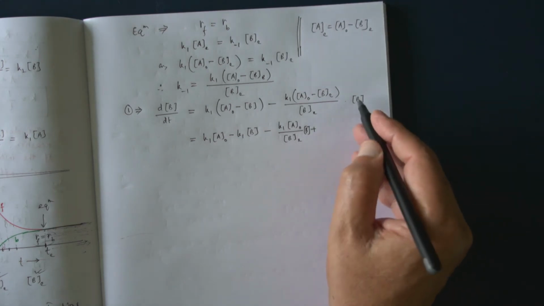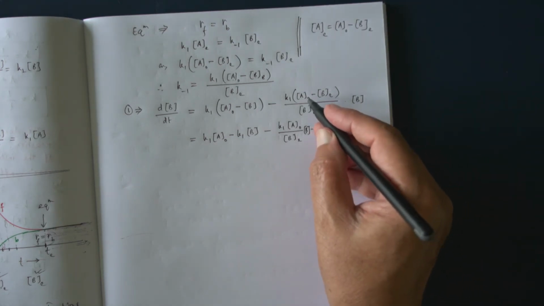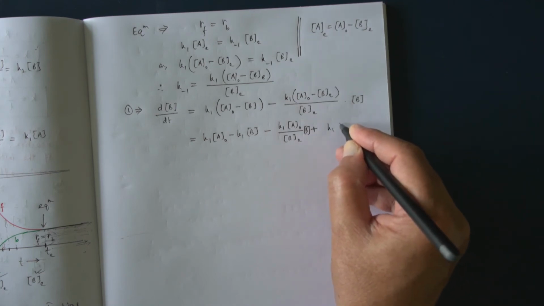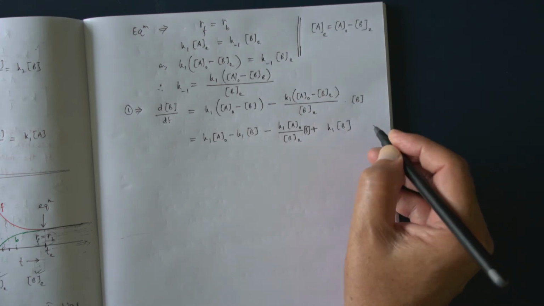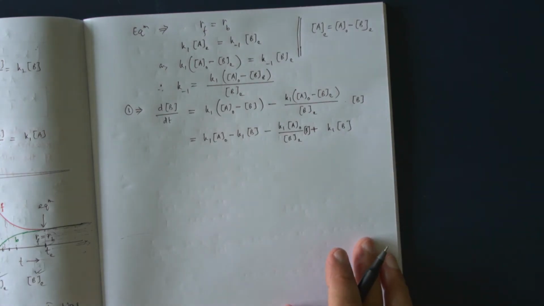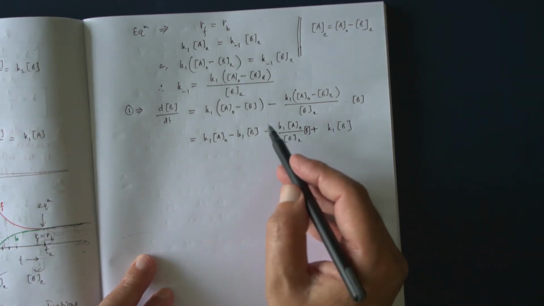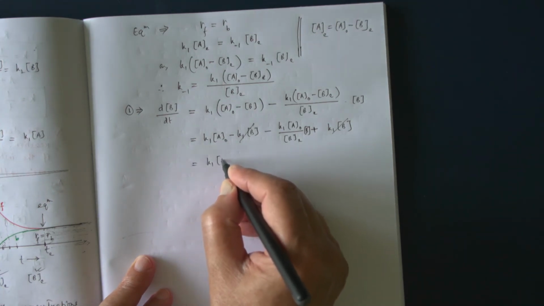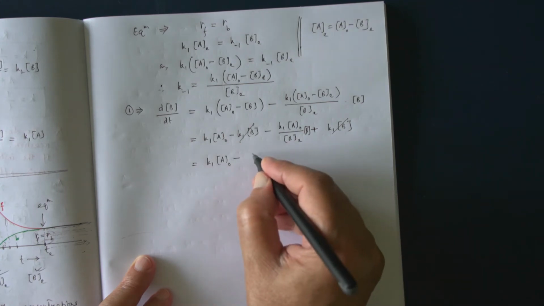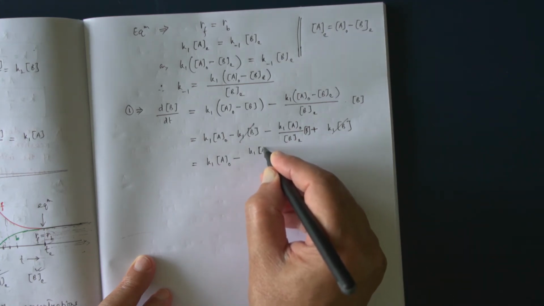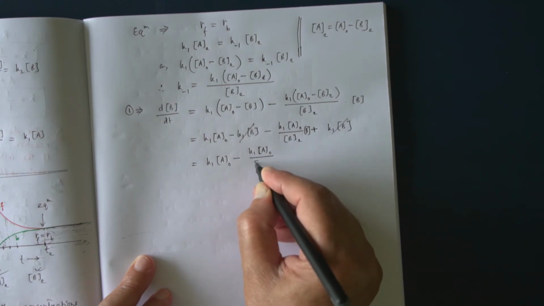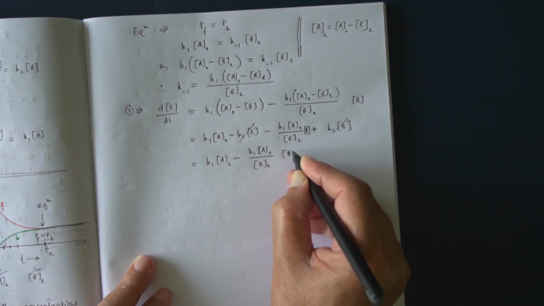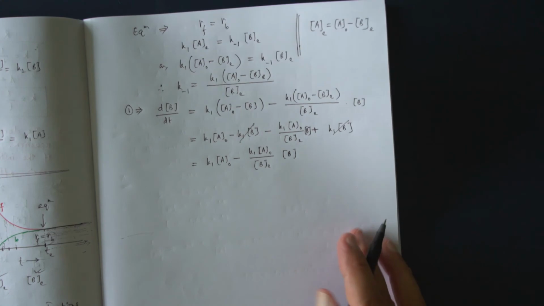This b into minus plus k1 b, it will be k1 b. So k1 b cancels, so we get k1 a naught minus k1 a naught by b into b. So we get this dv by dt.